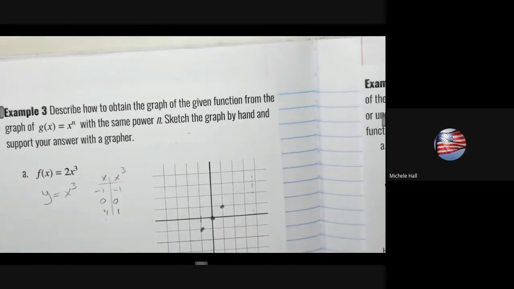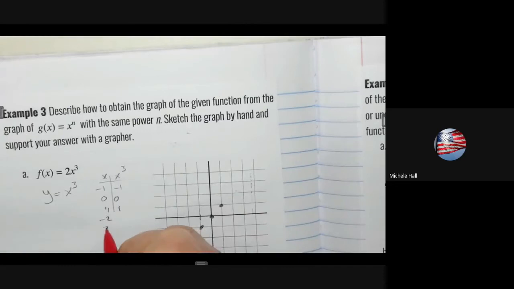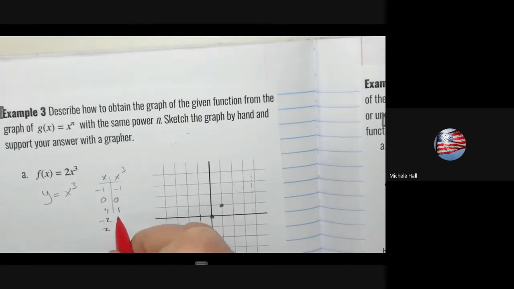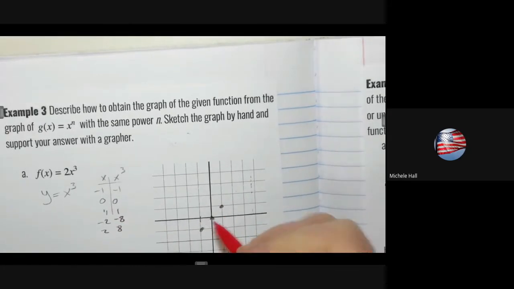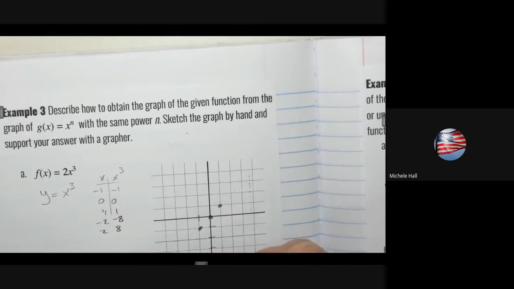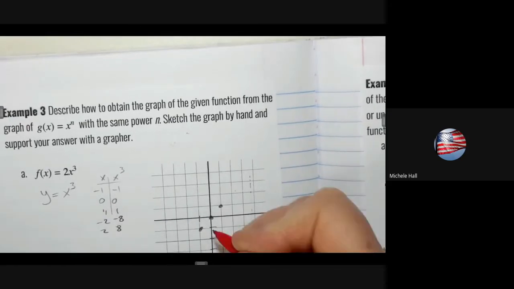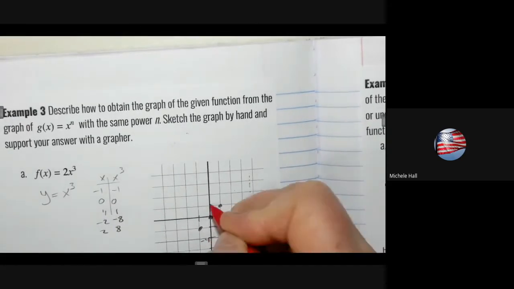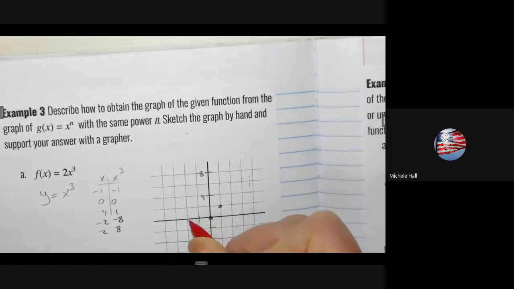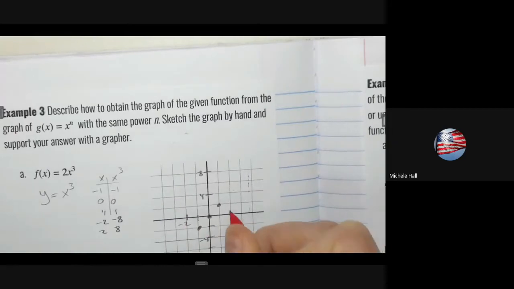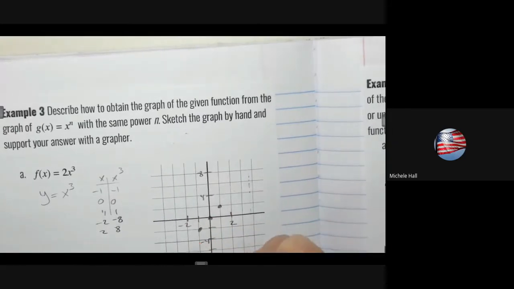We probably should check maybe -2 and 2. -2 cubed is -8. And 2 cubed is 8. So -2 is -8, and 2 is 8.